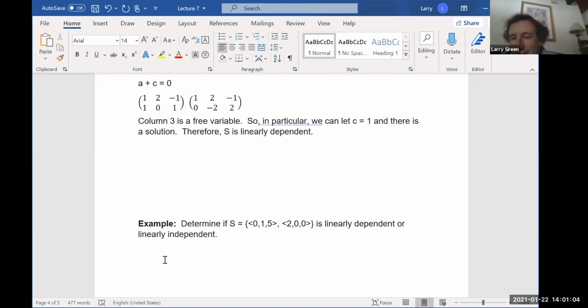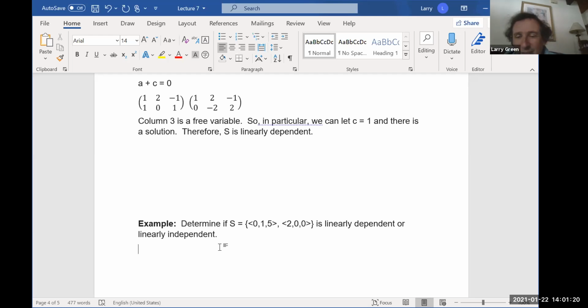And when you've got it, type it in the chat box. And by the way, if you want to use LD or LI, those are good abbreviations, because linearly independent is a lot of letters, and linearly dependent is also a lot of letters.